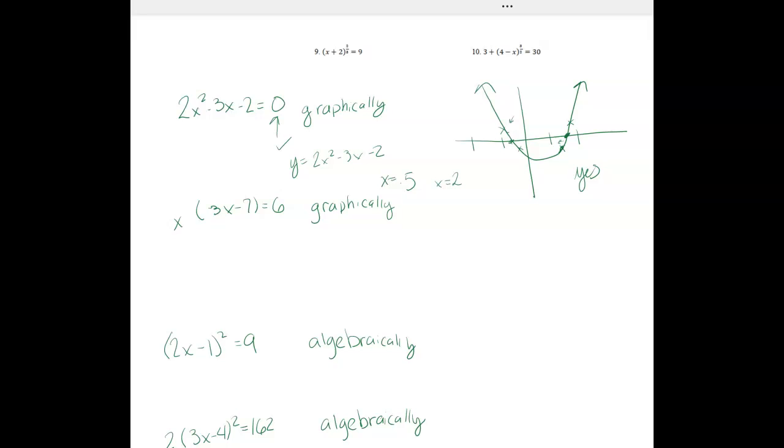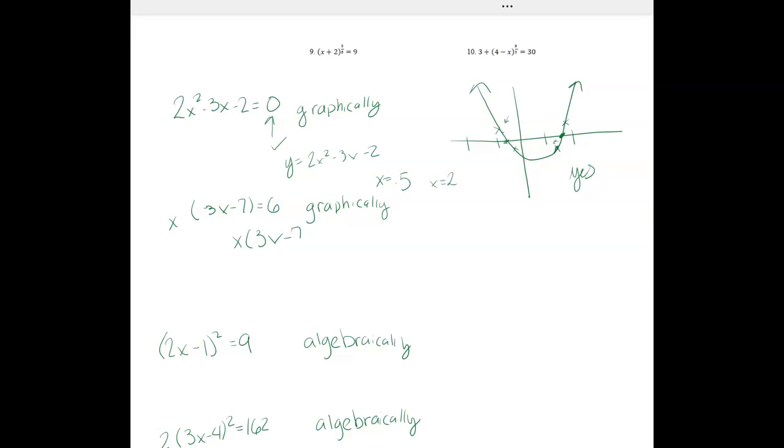Alright, next one. I just need to get this equal to 0 first, and then I can type this directly into the calculator again. So I'm going to give you a minute to do that. Alright, so type this into the calculator.